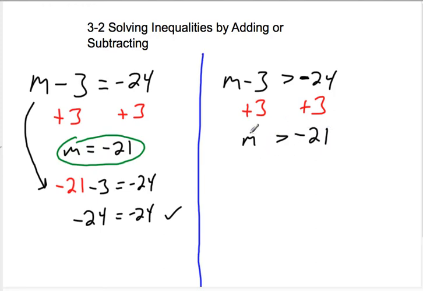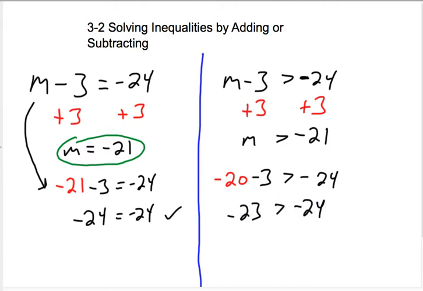So in this case, to check my answer, I can choose some number that's greater than negative 21. I can choose negative 20 or 0 or a million or something. I'm going to try negative 20 because it's pretty close. So negative 20 minus 3 is greater than negative 24. And I'll simplify this side. Negative 23 is greater than negative 24.